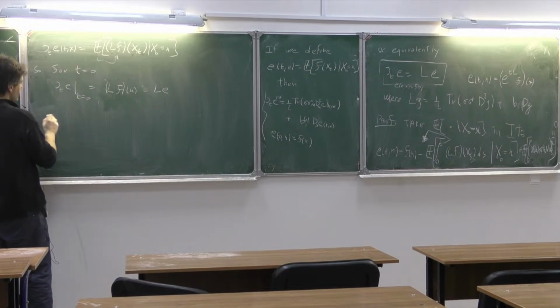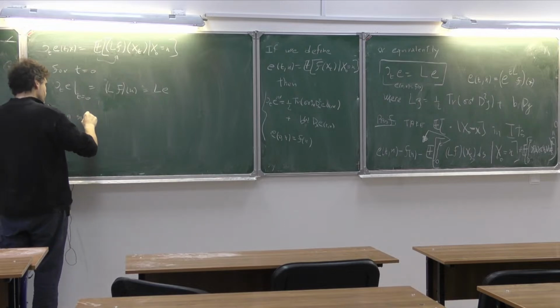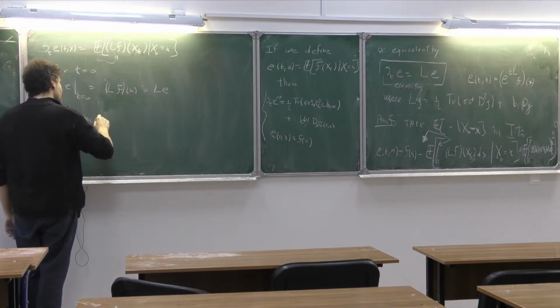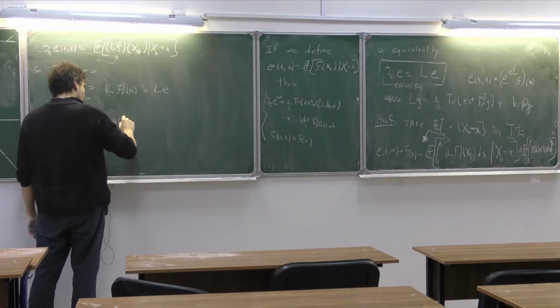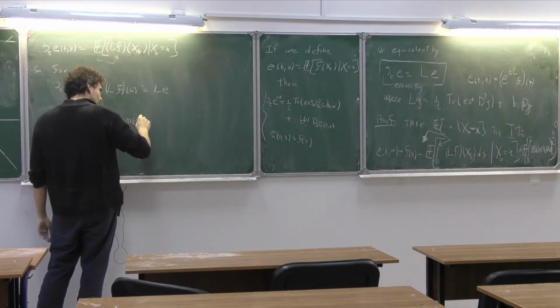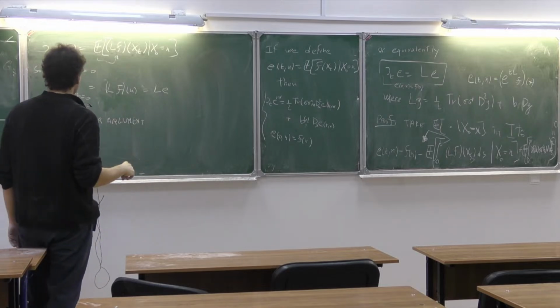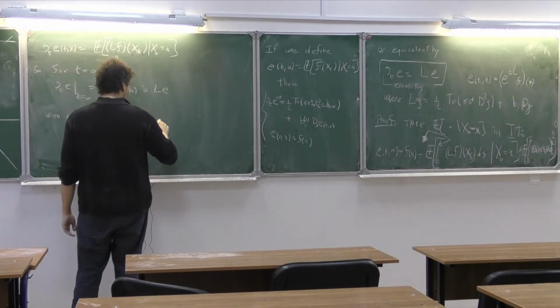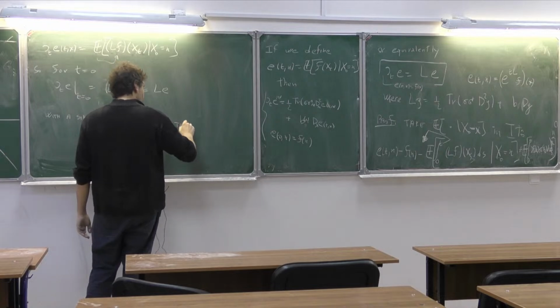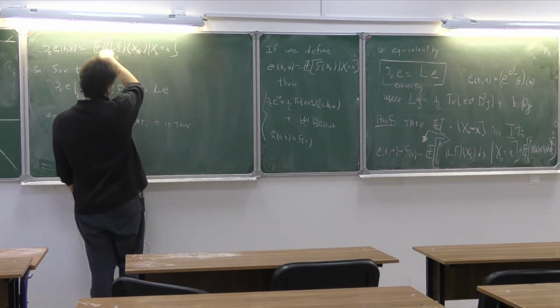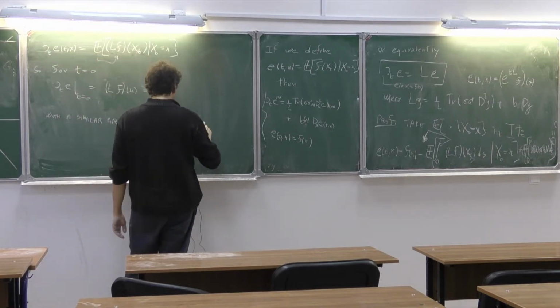In reality, with a similar argument, I don't want to spend too much on it because we will probably later in the class do control of Markov processes. So with a similar argument, it is true in general. I think I gave enough. Either you think that you can exchange the integral, or you believe it. It is true in general.